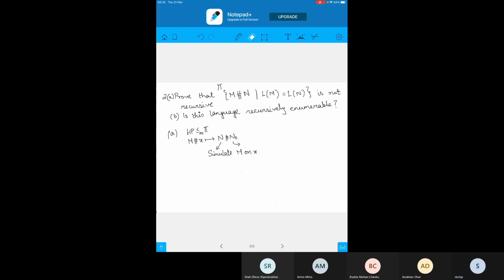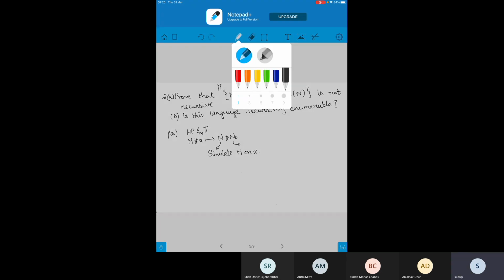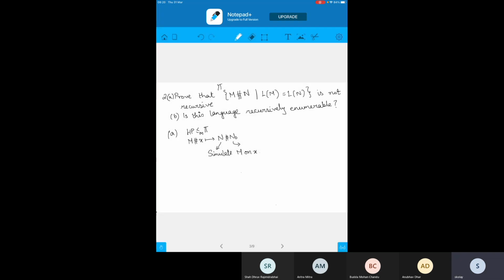Because if M halts on X, then you're going to be accepting everything. So N naught should be accepting sigma star, right? Yes, ma'am.